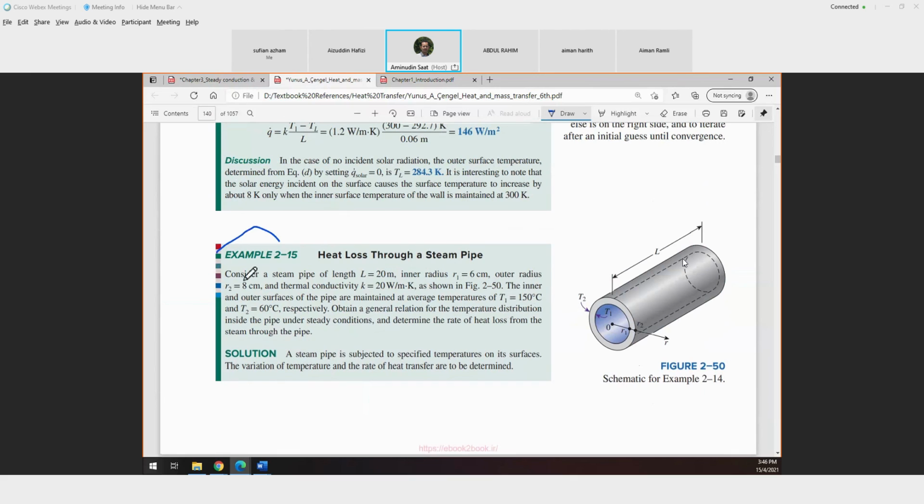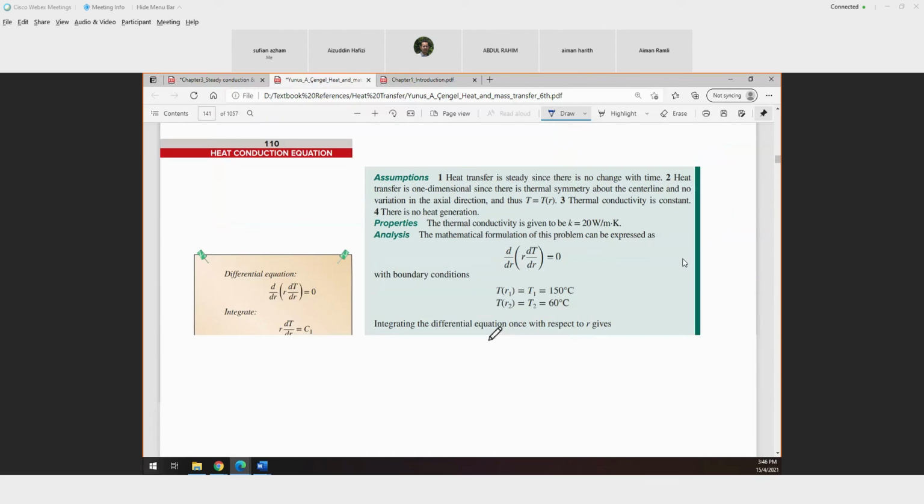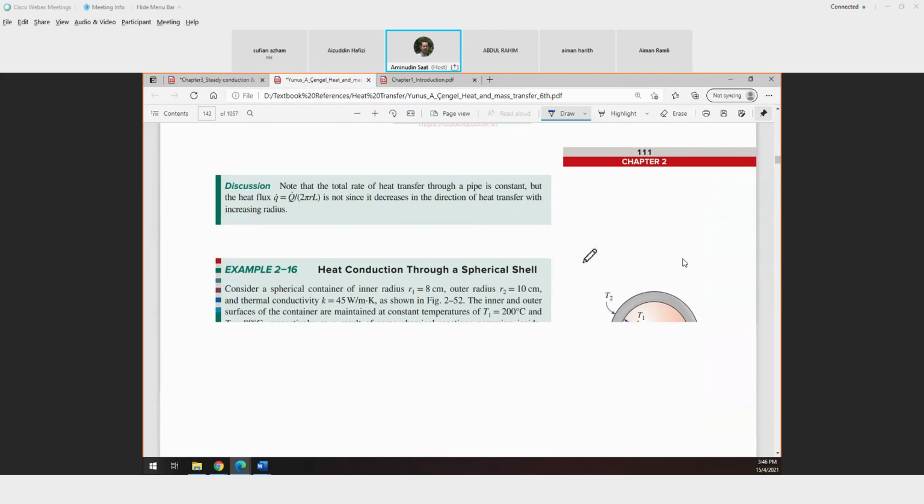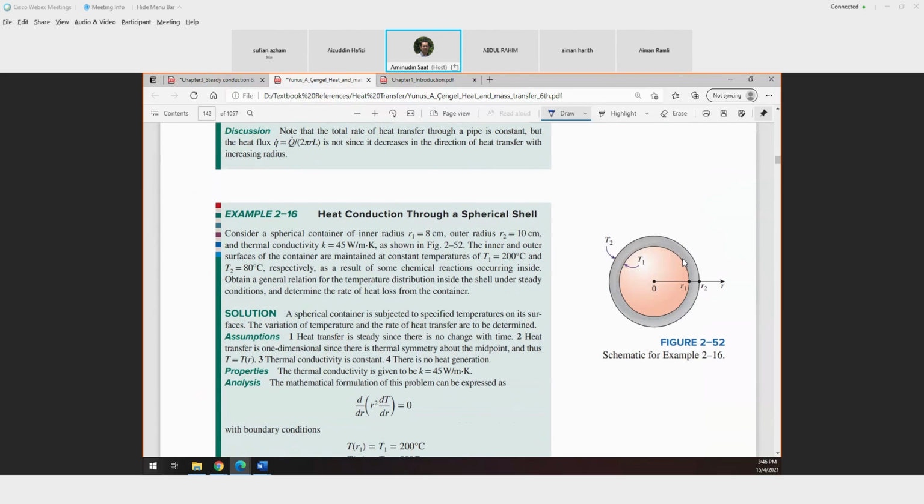Okay, this is for the cylinder. Look at how, from the long equation, you get this simplified equation. And for the spherical, this one.